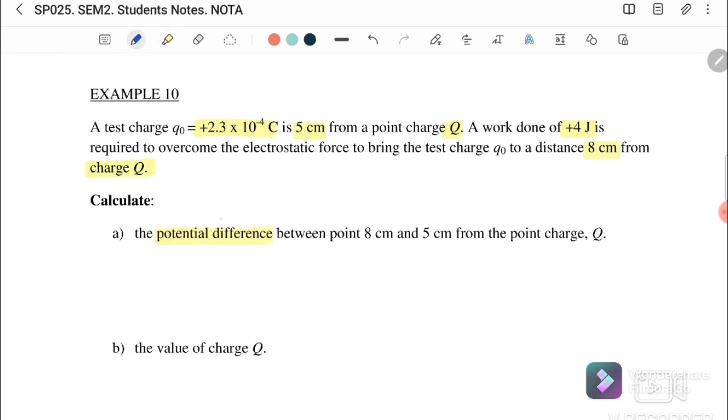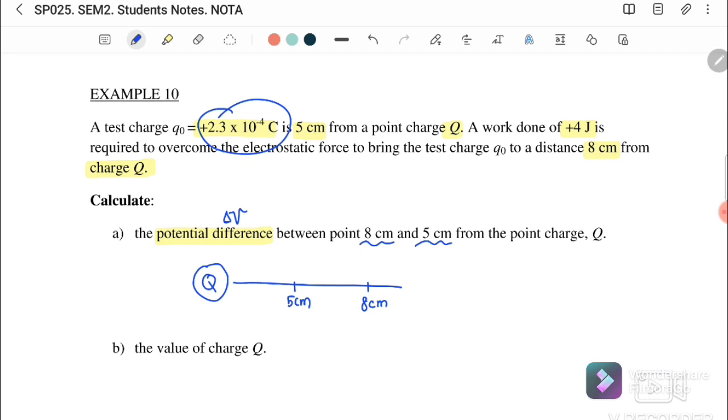We want to find the potential difference delta V between 8 cm and 5 cm from the point charge. So here we have a point charge Q, where here we have 5 cm and also 8 cm. We need to do a work of positive 4 joule to overcome the electrostatic force to bring the test charge to the distance of 8 cm.